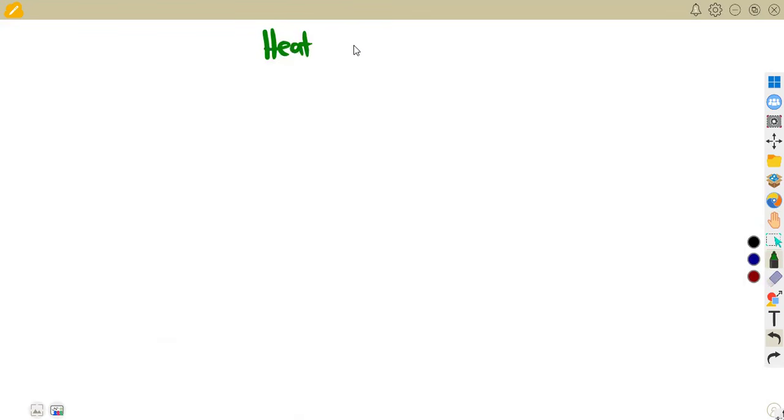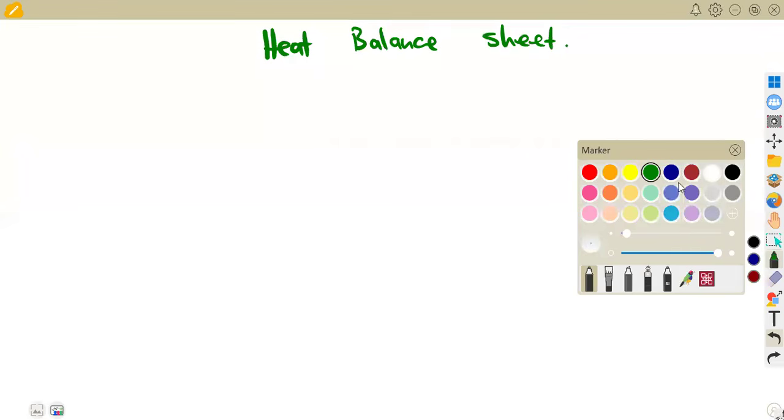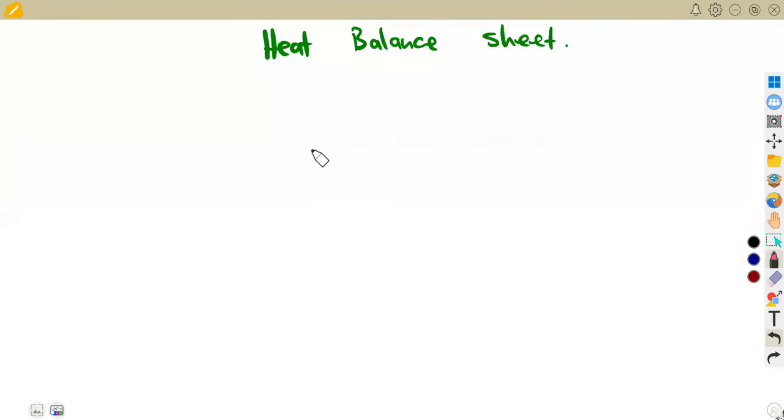All right, what is it that we are referring to on the heat balance sheet? Let us take a consideration. The heat balance sheet comprises the heat from the fuel. So in actual sense, we have the heat from the fuel in this case.